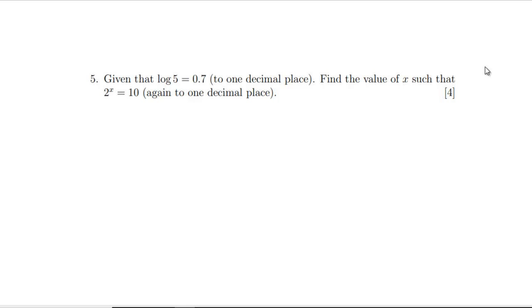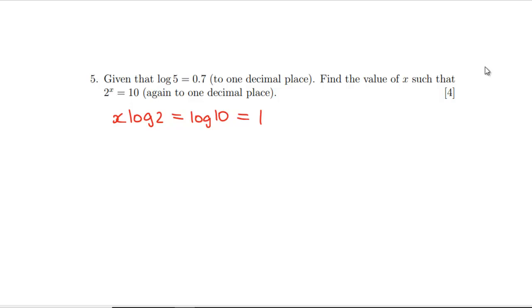Log 5 of 0.7 is equal to 0.7. Find the value of x such that 2 to the power of x equals 10. Okay, right, so we'll log both sides. So we've got x log 2 equals log 10. Well, log 10 is 1. I'm assuming these are all base 10 logs.